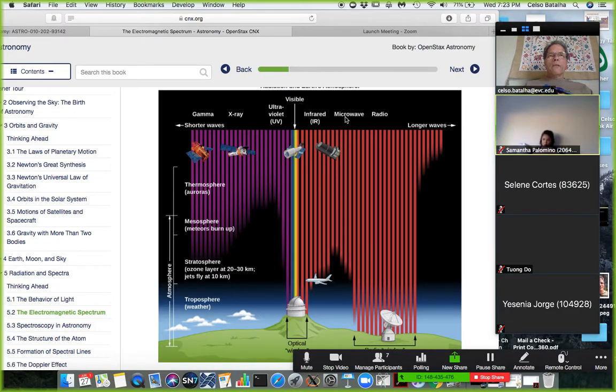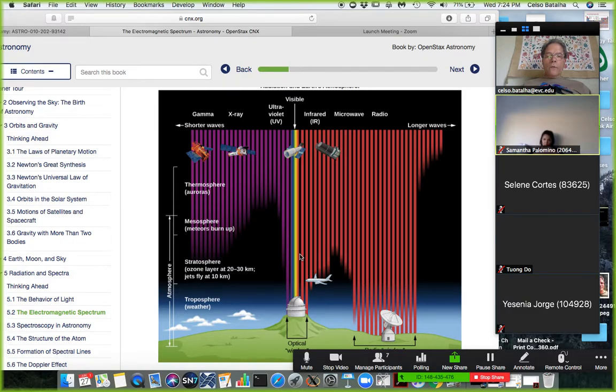So when you put food in the microwave, you send this energy, this transverse wave, that is a very long wavelength compared with the visible. And this radiation is easily interacting with water. So it warms up the water in the food, and then you have the food being warmed, basically. And then you have radio that is primarily used in communication, as you well know.